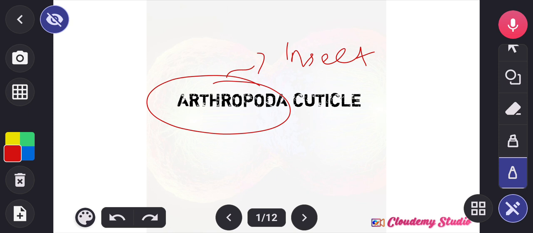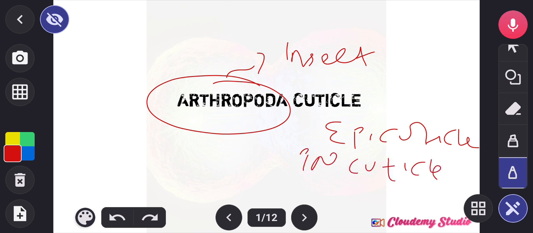Before I move to the insect cuticle, the Arthropoda cuticle is a massive three-dimensional structure cover sitting on a single layer epidermis and a basement membrane, and it has two basic regions, which are the thin external epicuticle and the thick layer procuticle. So we have two regions, the epicuticle and the procuticle.